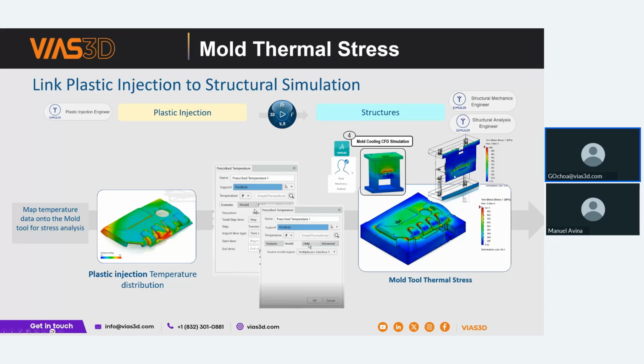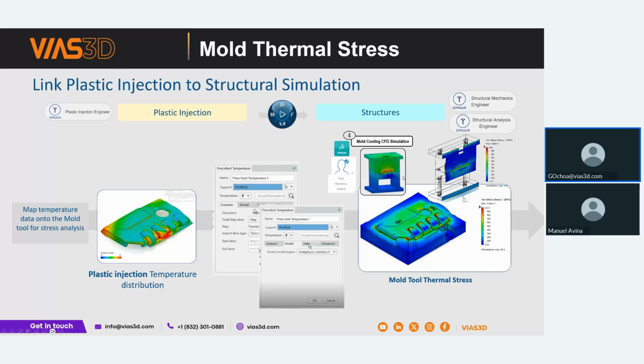And not only define the temperature as a load for thermal stresses and the clamp force for a structural response, but we can also map the temperatures and the cooling system with the entire mold, and we can actually do CFD simulation to calculate the heat transfer throughout the entire mold.